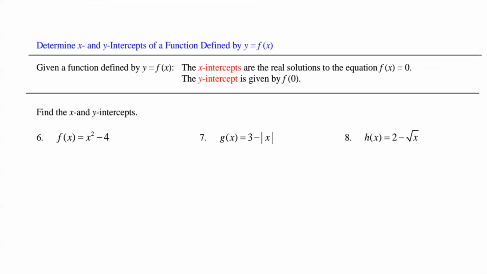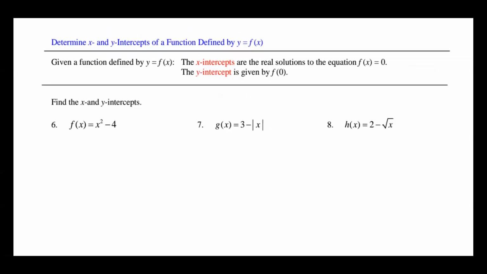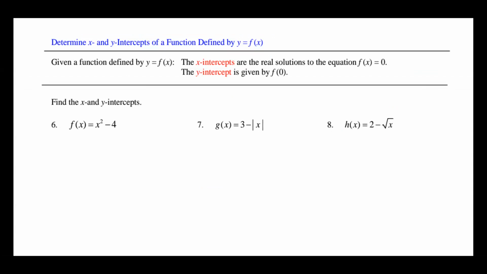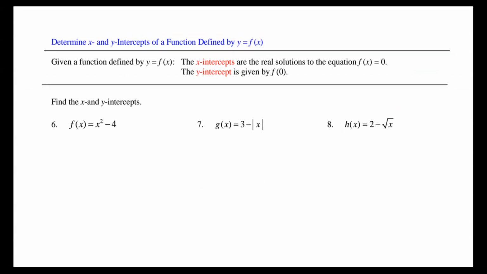So given a function, the x-intercepts are the real solutions to the equation f of x equal to 0. So to find the x-intercept, we have to make y equal to 0. To find the y-intercept, we have to make x equal to 0. So let's find the x-intercept by making y equal to 0.